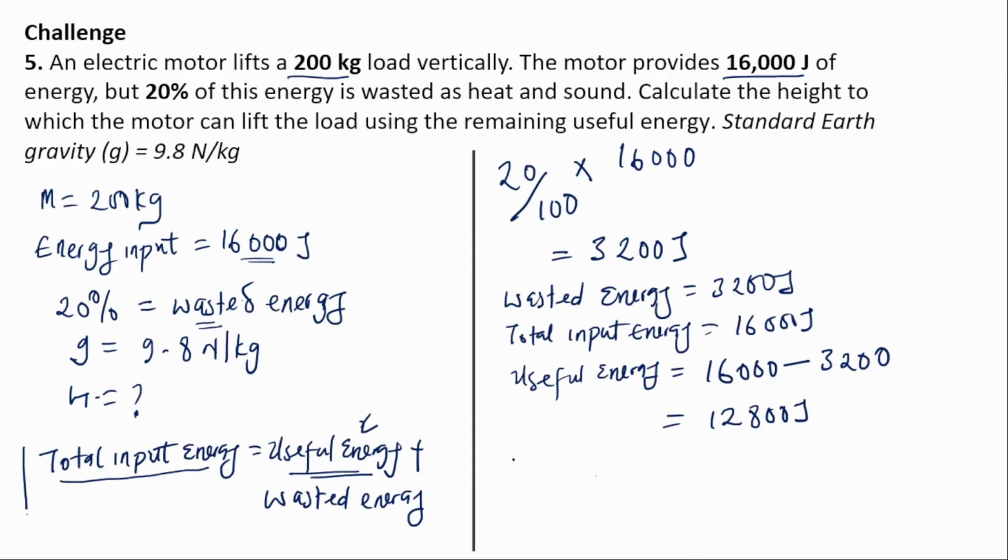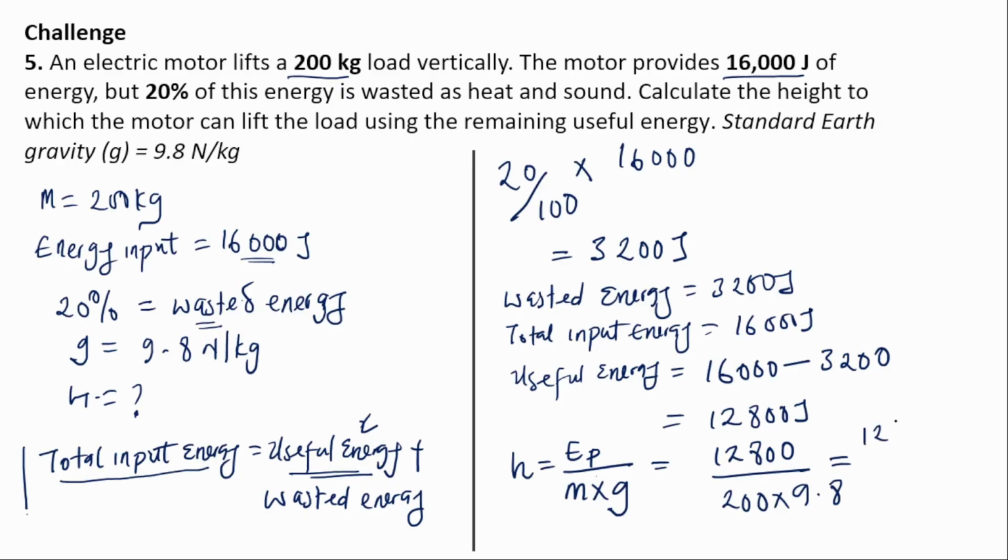Now we can use this equation, EP divided by M multiplied by G, to solve for the height. The EP is 12,800. The mass is 200, given in the question. And we have 9.8 as our gravitational field strength.